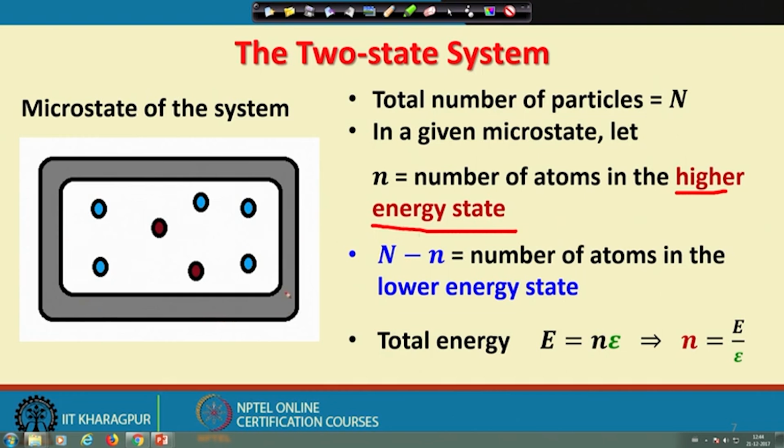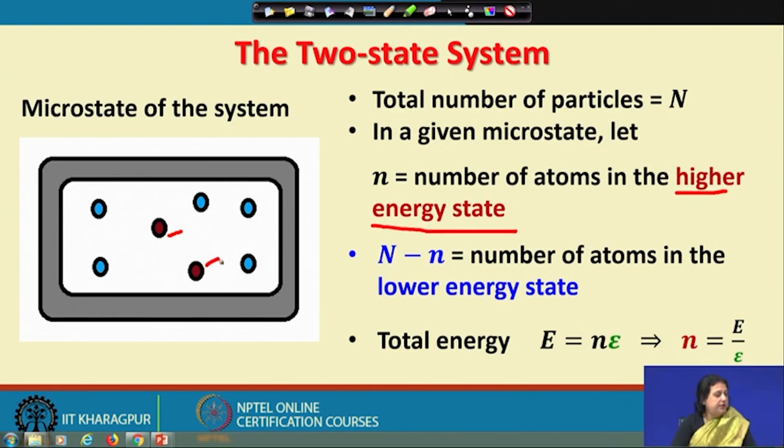In this system I have 1, 2, 3, 4, 5, 6, 7 atoms. Out of these only 2 are residing in the higher energy state, and the rest, 1, 2, 3, 4, 5 particles, will be residing in the lower energy state.